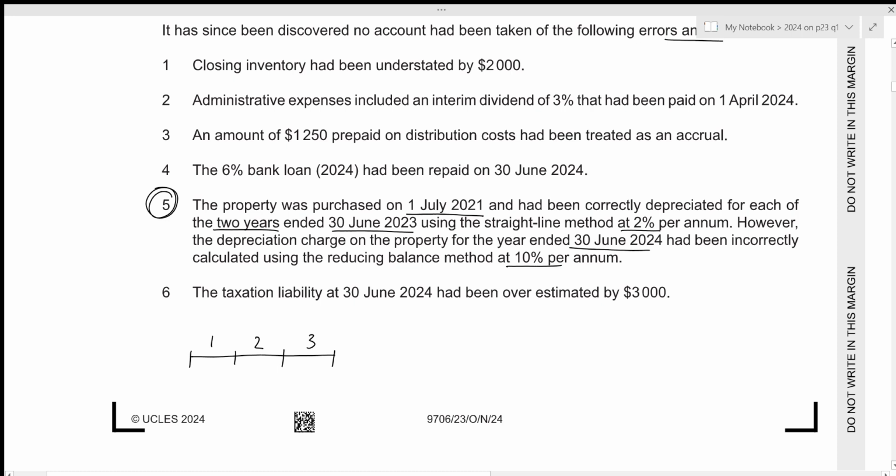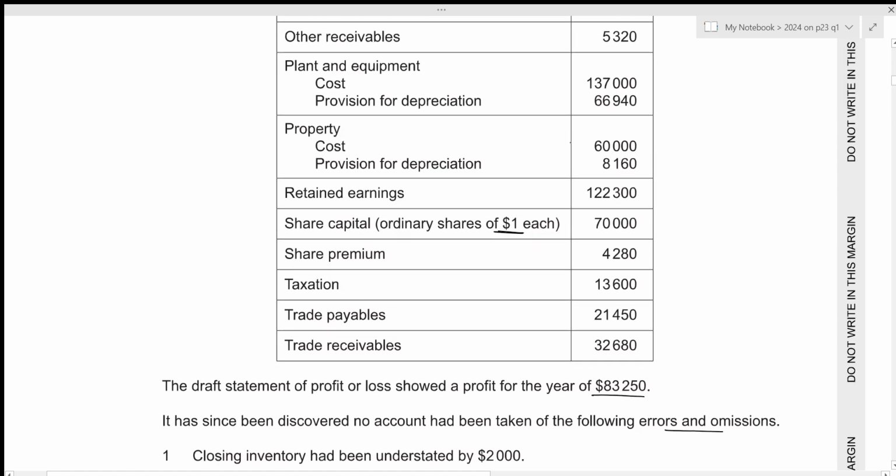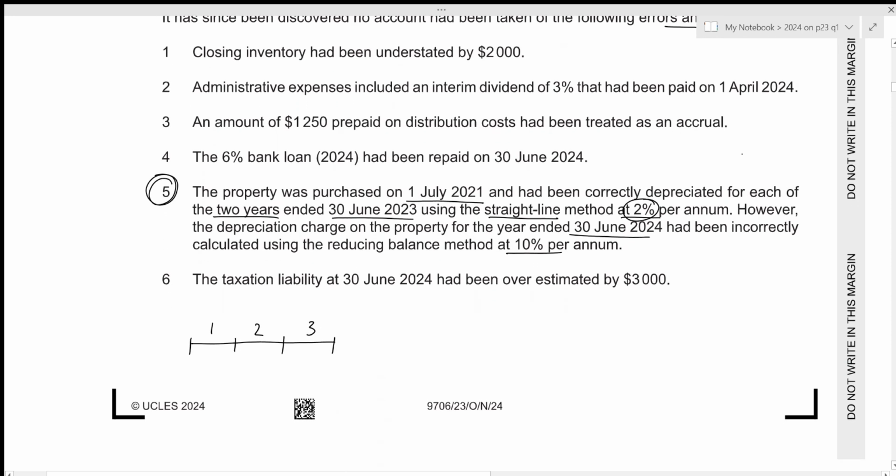Now the correct depreciation would have been using the straight line method at the rate of 2%. So that is just going to be 2% times the cost of property. And the cost in this case is 60,000. So the correct depreciation charge for the year would be 60,000 times 2%, which results in a value of 1,200. Okay, so for all 3 years, the depreciation charge should have been 1,200.